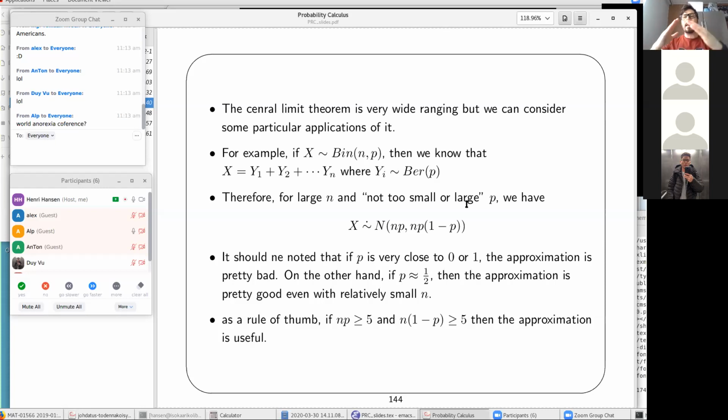So when p remains constant in the middle and n grows large, then the distribution will resemble a normal distribution. But if p is very, very small and n grows large, then it will resemble the Poisson distribution. So remember this difference between the two.